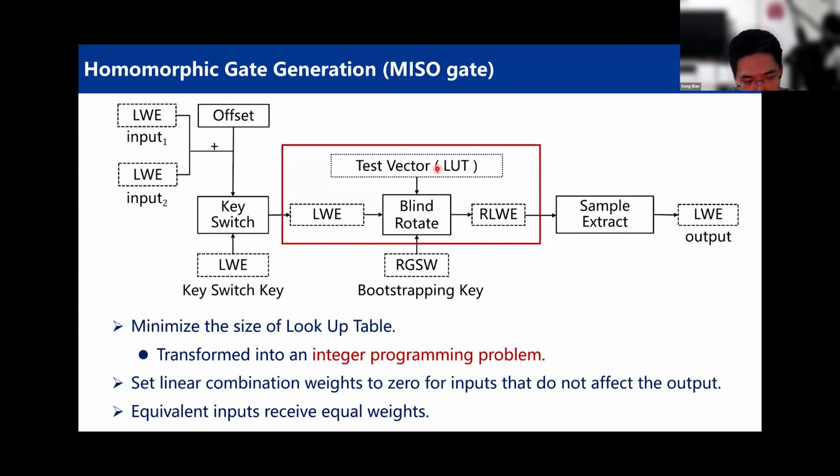And for an AND gate, when one of the inputs is 1 and the other is 0, it doesn't matter which one is 1 and which one is 0; the output will always be 0. You can use that kind of topological information to optimize your test vector generation, such that you can squeeze more gates into one blind rotate evaluation.